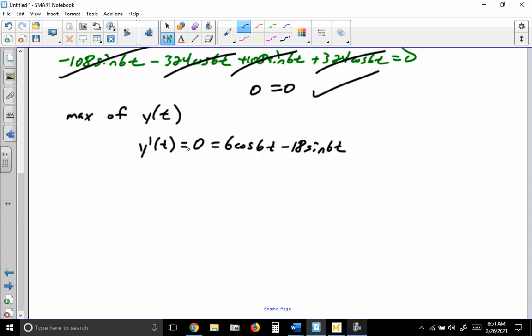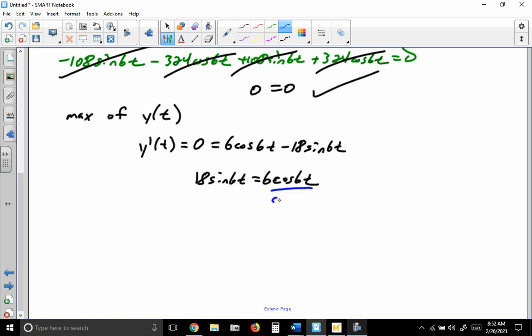If we set that equal to 0, then let's move the 18 sine 6t to one side. Typically, if we have two different trig functions, we want to factor. But since cosine and sine are different functions, we don't have a really good way to factor that. So what we can do is we remember that sine over cosine, hopefully, is tangent.